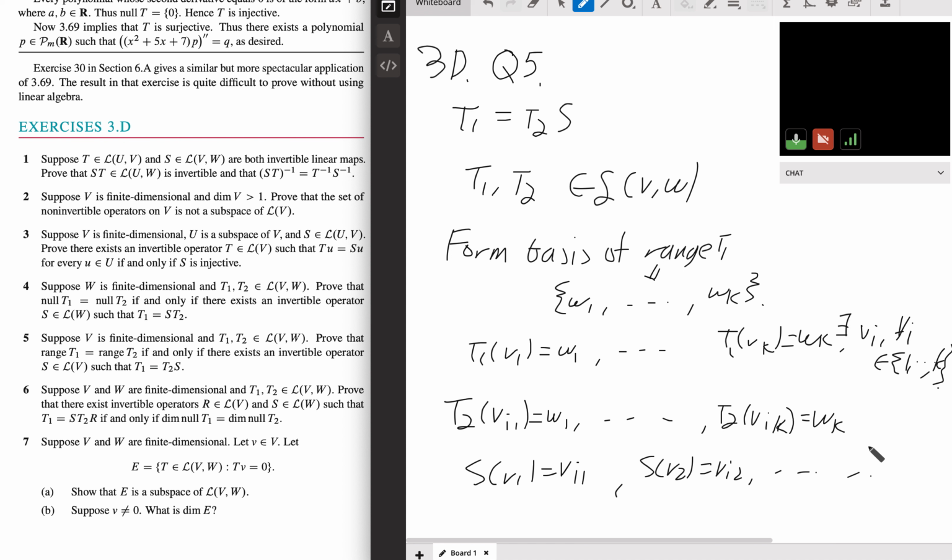I think then what you want to show is in fact Vi1 through Vik are linearly independent somehow.